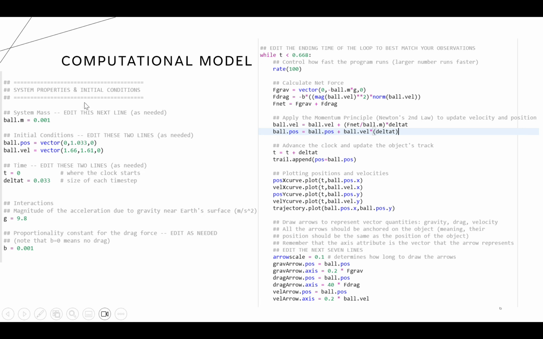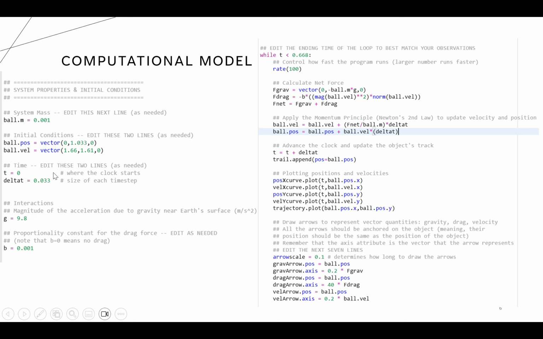Now for our computational model, we made the mass the same as the paper ball. The position vector was the same initial position as it was in tracker, and we calculated the velocity vector using the data from tracker as well. We used the second position of x and y and the first position of x and y in time to calculate these two.